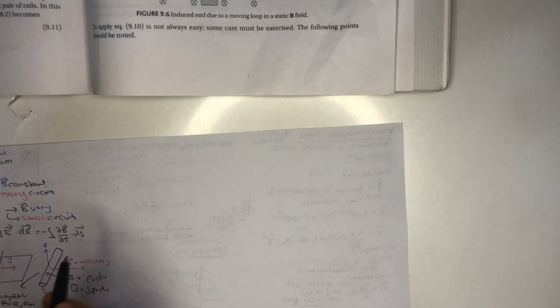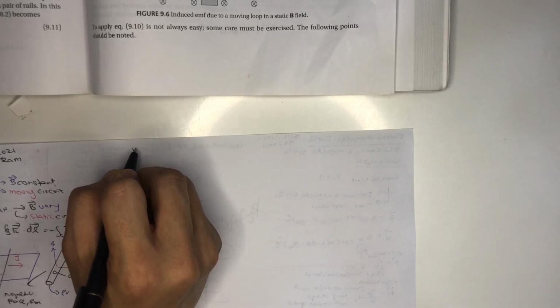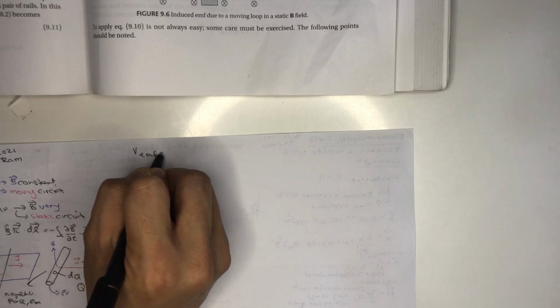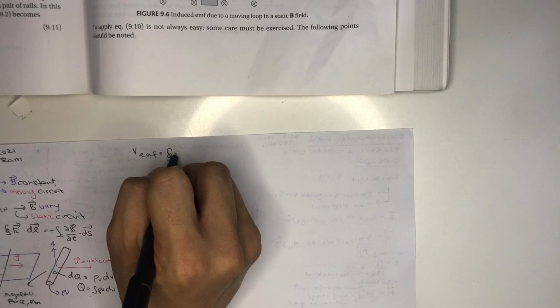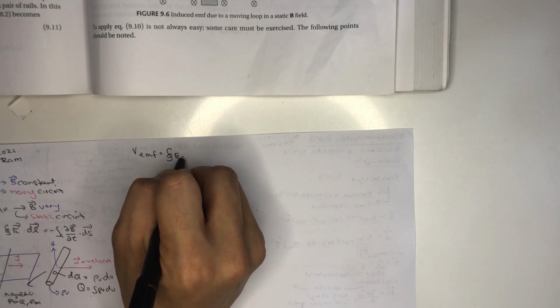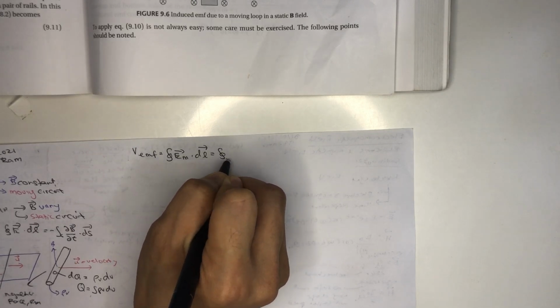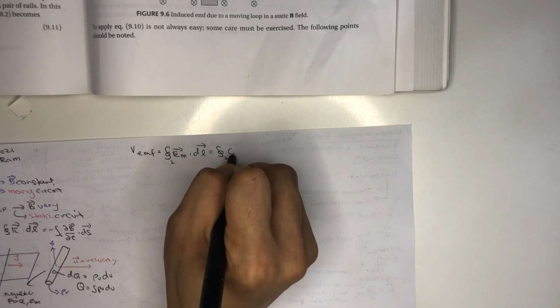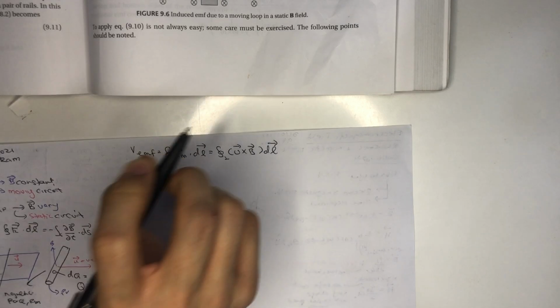For the motional EMF, from equation 9.10 in the Sadiku book, we introduce V_EMF equals the closed integral of E_m dot dl, equals the closed integral over L of u cross B dl.